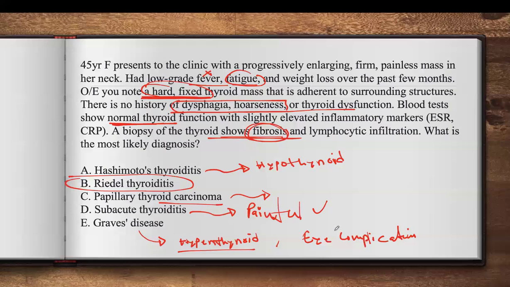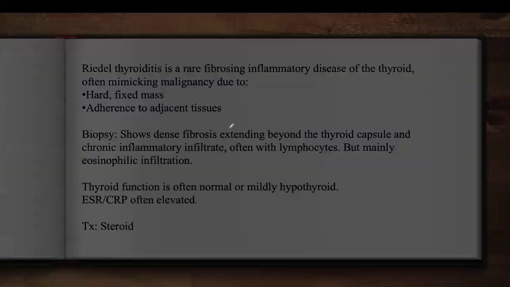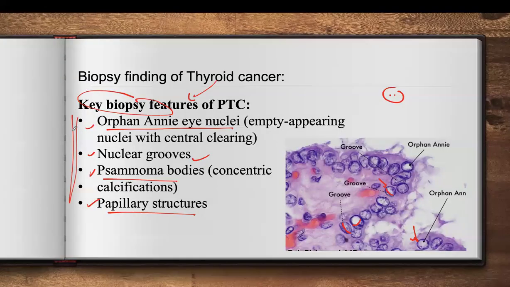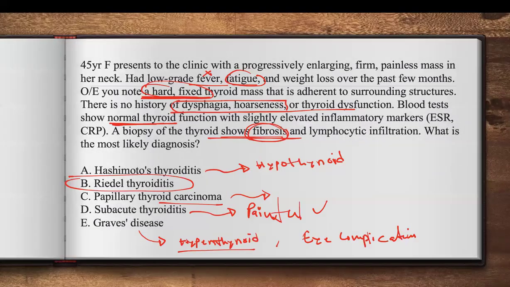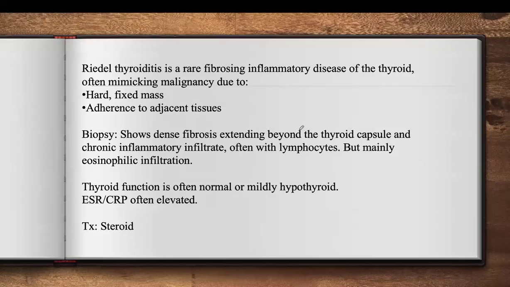But for that, you need proper theory knowledge. If you don't know what a papillary thyroid cancer biopsy will look like, you will choose papillary thyroid cancer in the exam, because when you see a hard, fixed mass with fatigue, fever, and weight loss, you will immediately think it is cancer. That's why theory knowledge is important.